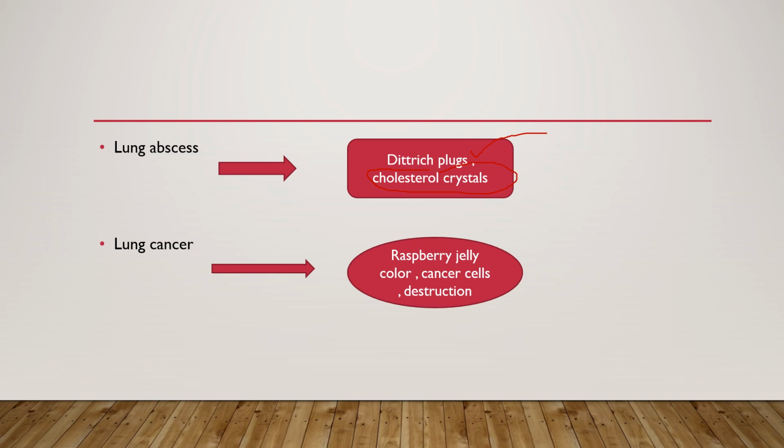And if you see raspberry jelly color, like I already told you, in the case of pneumonia we see alveolar macrophages with crystals of hemosiderin, WBC and squamous epithelium, and also rusty color. But in the case of lung cancer, we see raspberry jelly color.